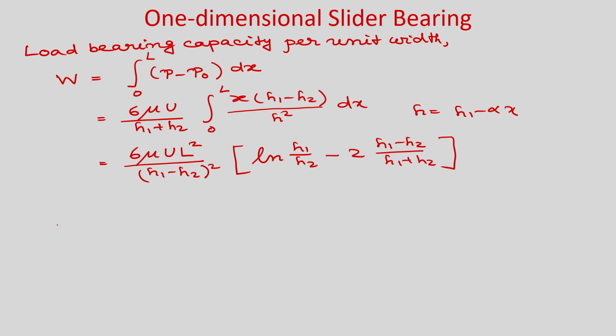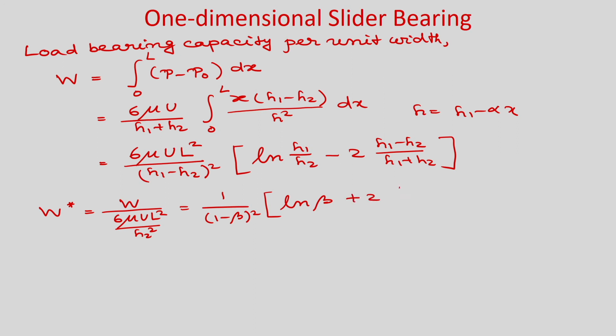So, in non-dimensional form, if we write this, let us say W star, then we get W divided by 6 mu u L square divided by h 2 square, and we can write it as 1 by 1 minus beta square, because from here you will get ln beta, plus 2 into 1 minus beta divided by 1 plus beta.